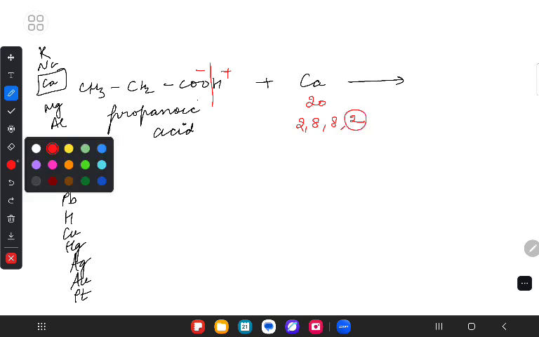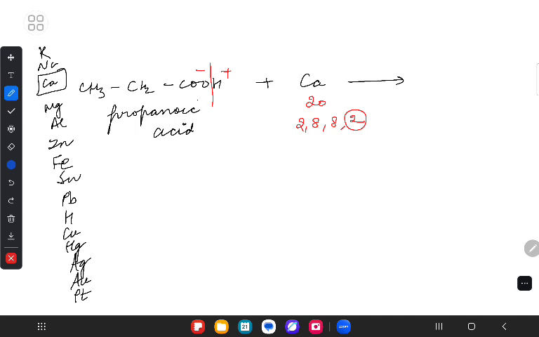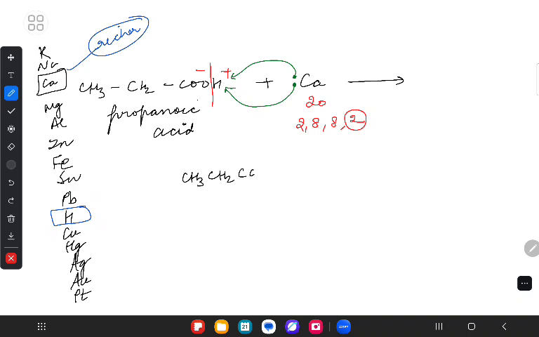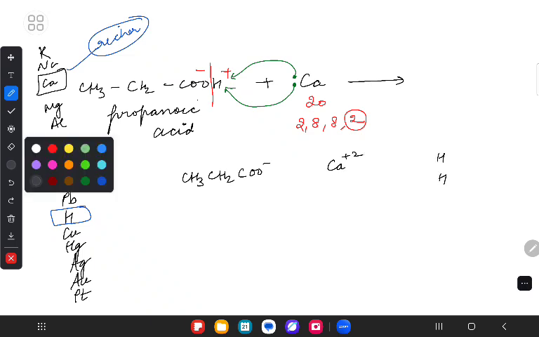So calcium is this and hydrogen is this. Obviously the one at the top is definitely richer. And the one that is richer at the top would donate its electrons to H. So we're going to have CH3, CH2, COO negative, and we'll have Ca plus 2, and two H neutrals.